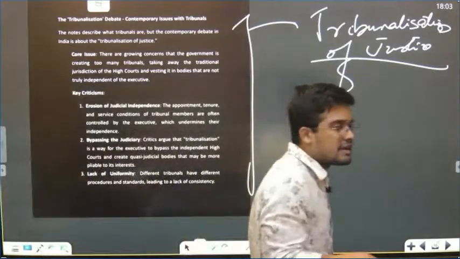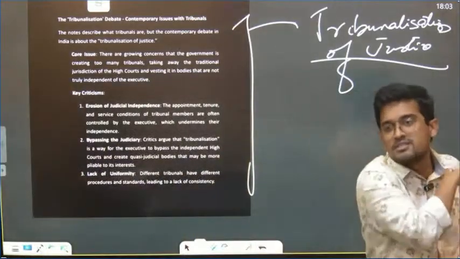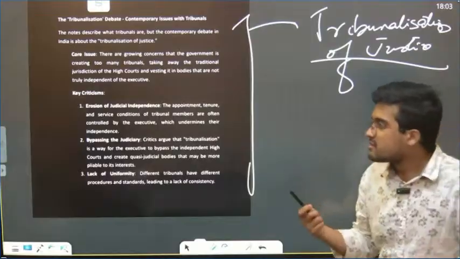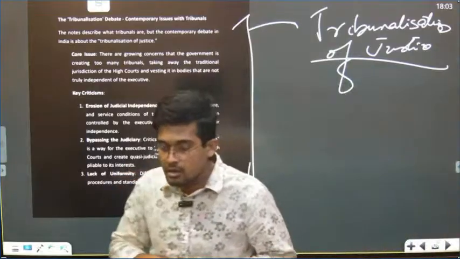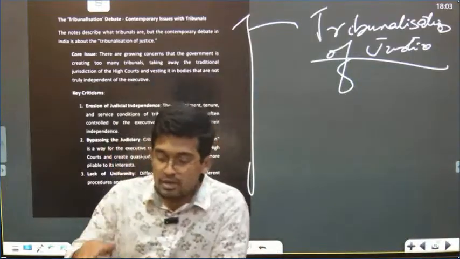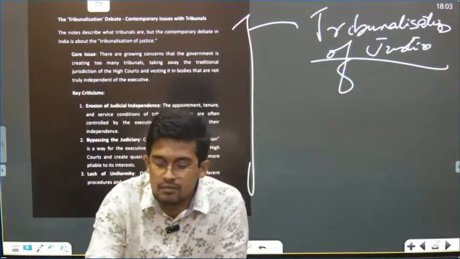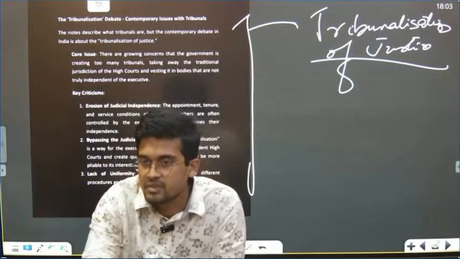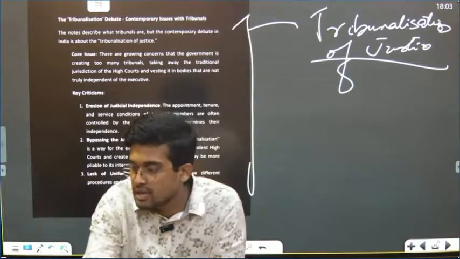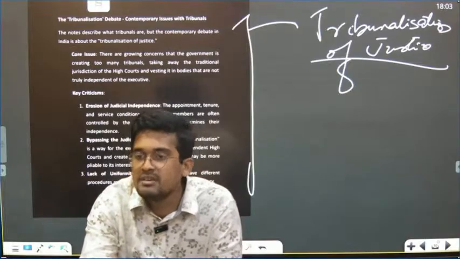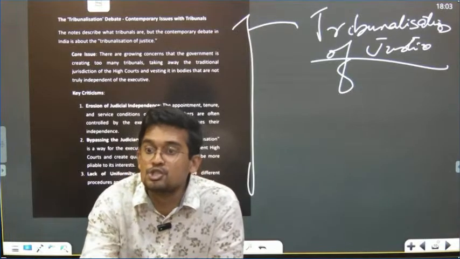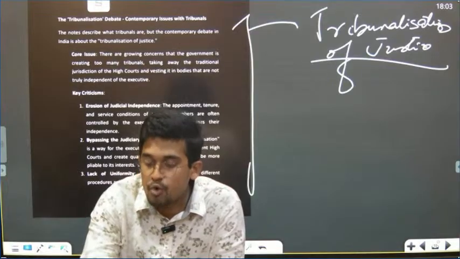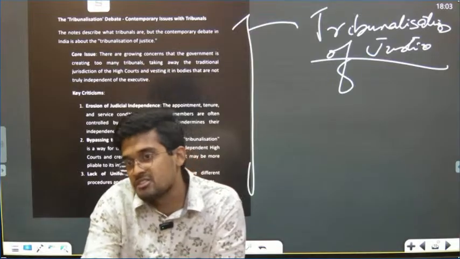Some problem with an administrative body, go to the Central Administrative Tribunal. Any problem with the environment, go to the National Green Tribunal. The problem is that when you are tribunalizing justice, you are giving more power to the administrative authority rather than the judicial authority to decide whether something is right or not. This creates a problem for checks and balances.